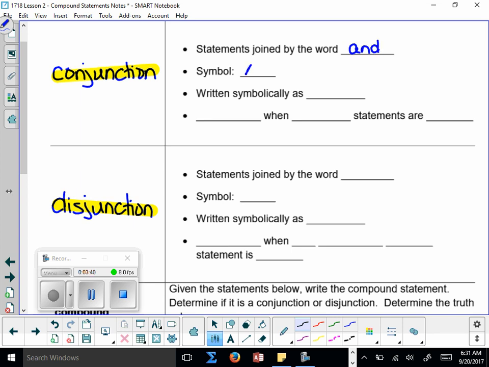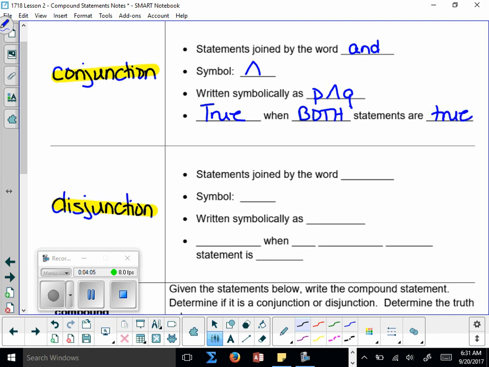We use an upside down capital V as our symbol, and symbolically we would write it P and Q. Conjunctions are true when both statements are true.